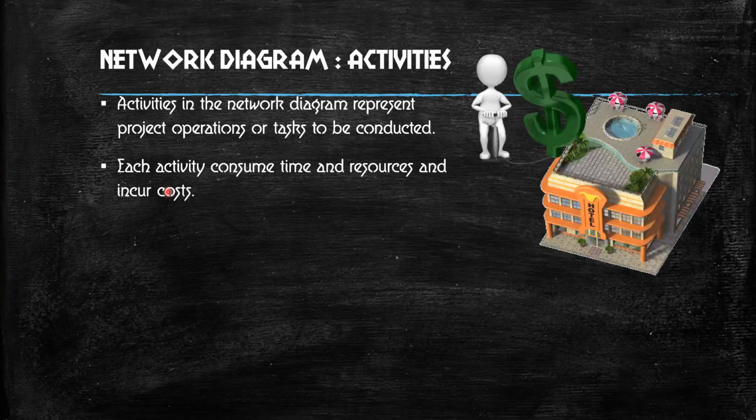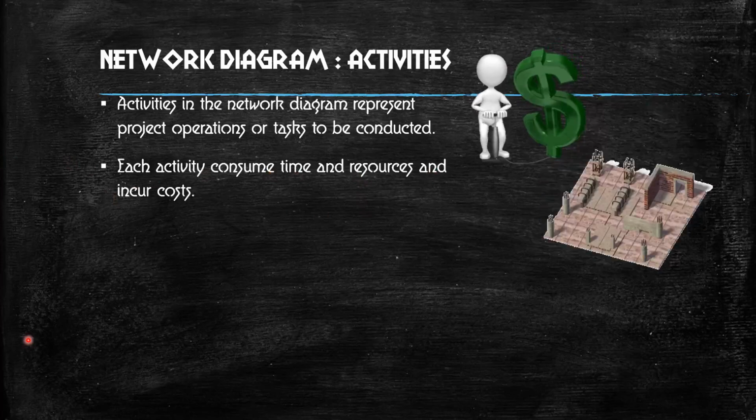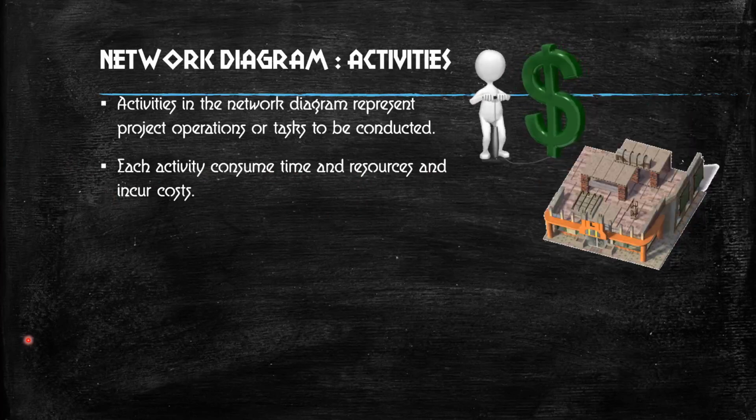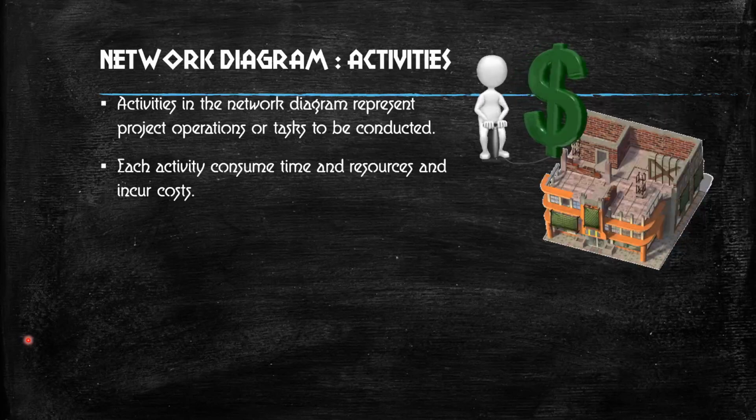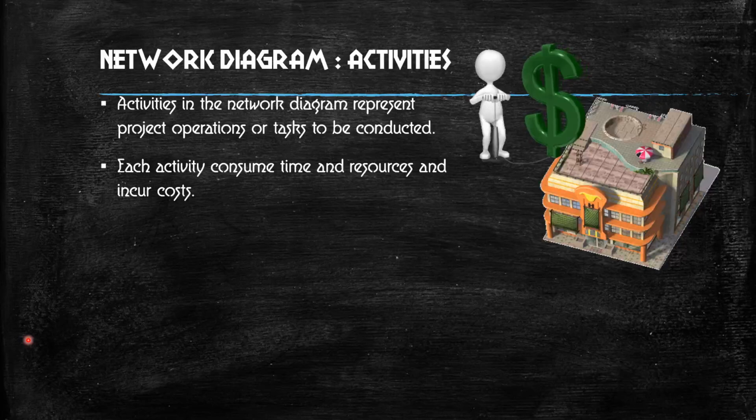Each activity consumes time and resources and incurs cost. So the performing of each and every activity in a project consumes some time and some resources, and it incurs cost.